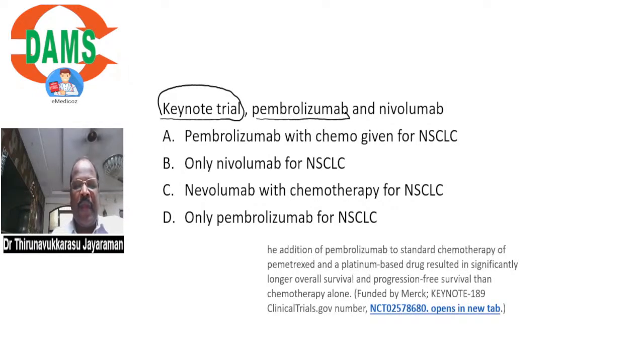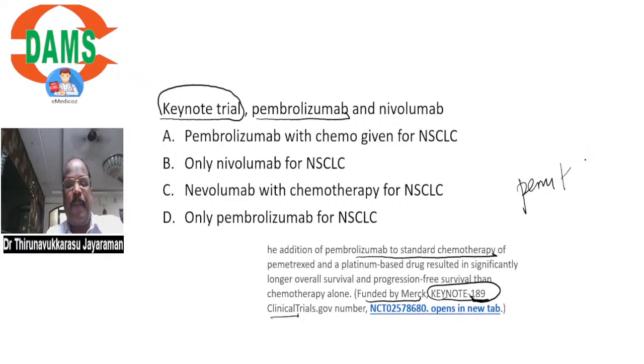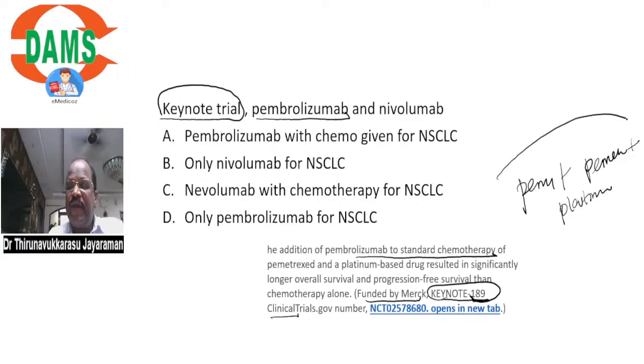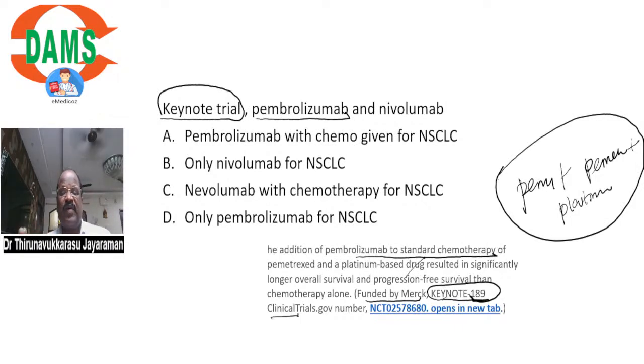There's a trial funded by Merck called the Keynote 189 clinical trial. This trial compares pembrolizumab plus pemetrexed plus platinum-based therapy with standard chemotherapy, and it greatly improved progression-free survival and the survival rate in non-small cell lung cancer.